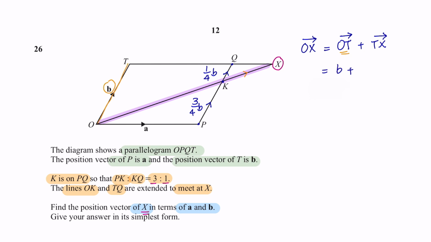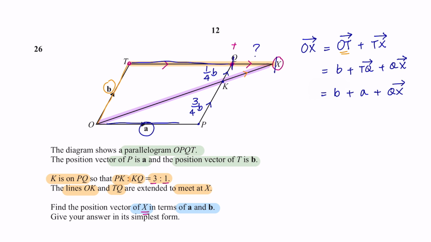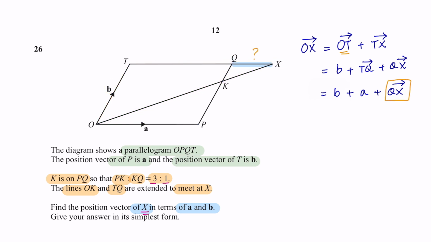And TX is this line, which also means that it is TQ and then from Q to X. So TX could also be written as the vector of TQ and then QX. We know that the vector from T to Q is equal to a. So I'm going to write a here, plus QX, because we don't know what is the vector from Q to X. Okay, so now we just need to find what is the vector of QX.